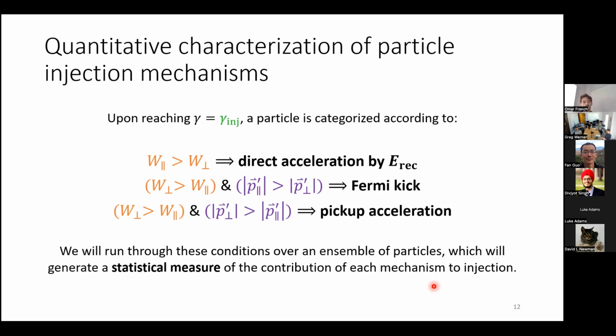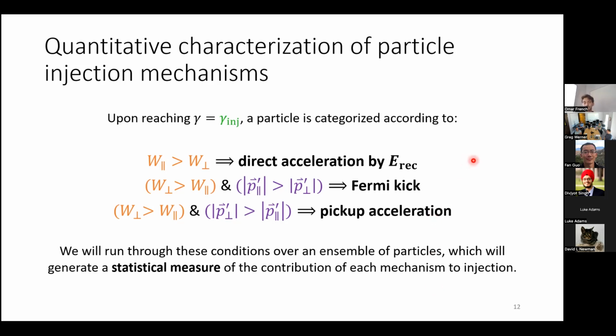However, we check all of these conditions over an ensemble of hundreds of thousands of particles, which gains us a statistical measure. And so despite this maybe misleading categorization, using a large statistical ensemble, we can gain a reasonably accurate statistical measure of each mechanism's contribution to injection.